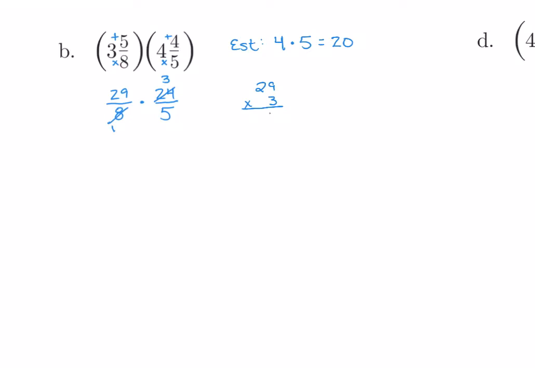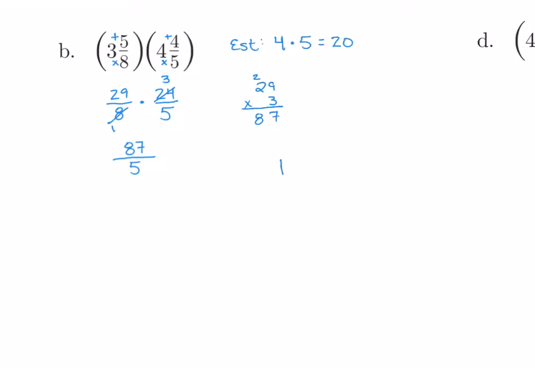We get 3 times 9 is 27. 3 times 2 is 6, plus 2 is 8, so 87. That's going to be my numerator. My denominator, I get 1 times 5 is 5.